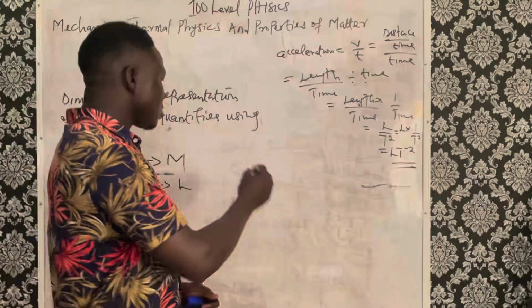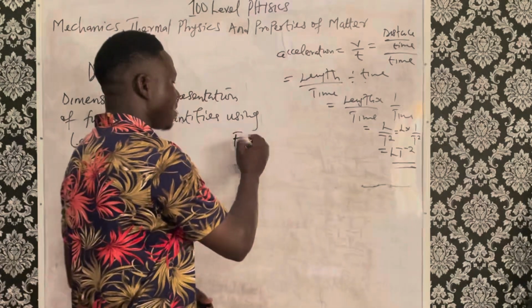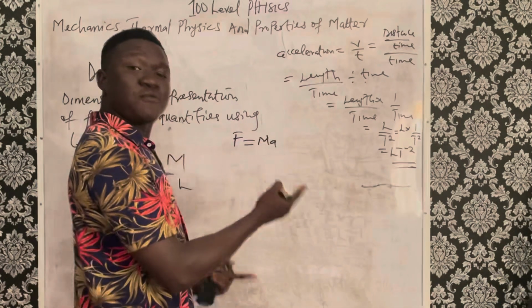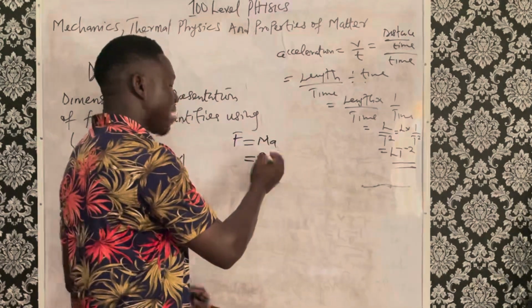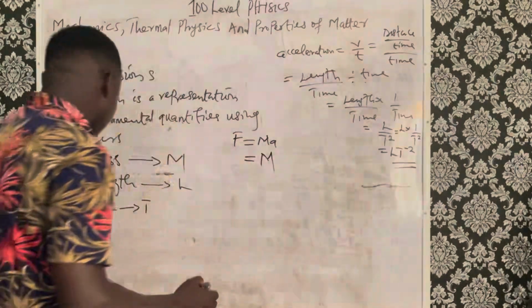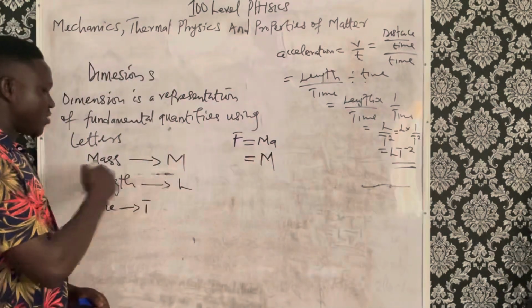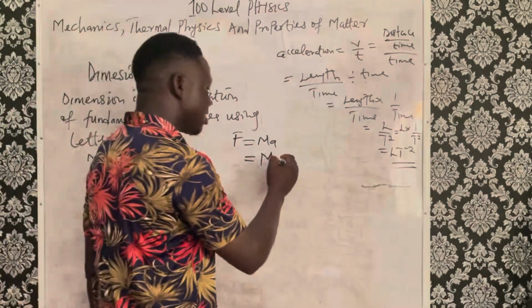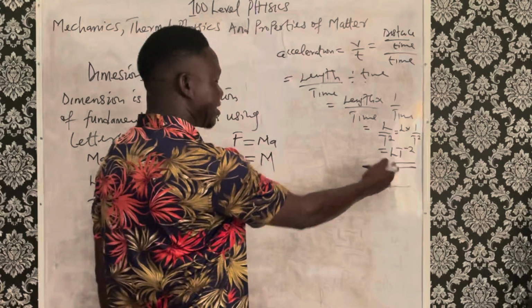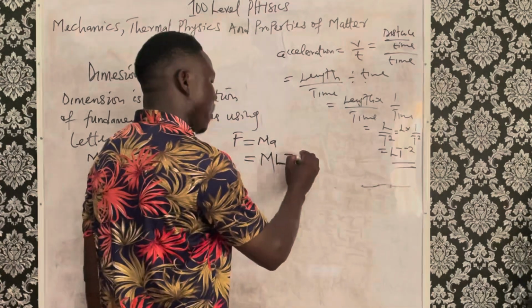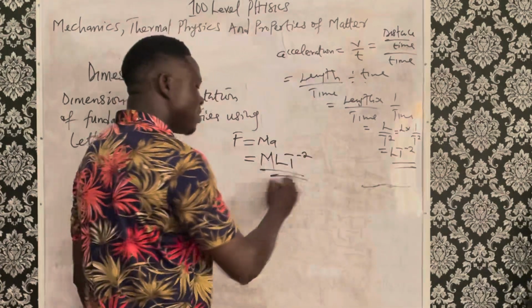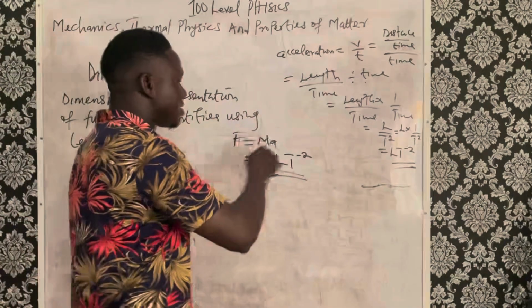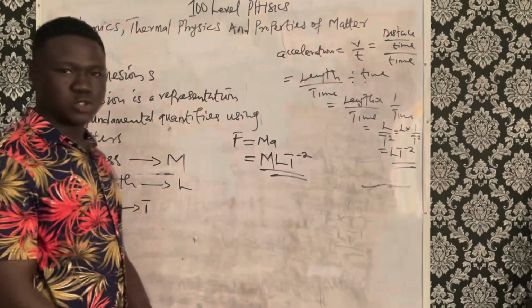So if I consider force, it is equal to mass times acceleration. Remember, we said the representation of mass is M. For acceleration, we already did it, so I can just introduce it as T raised to power minus 2. So this gives me my dimension for this particular force.